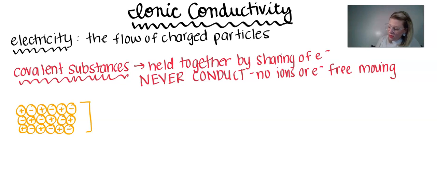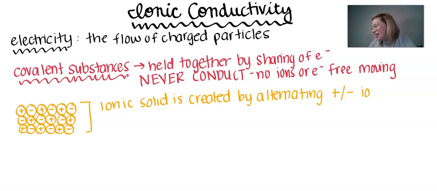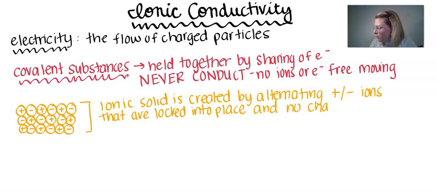So an ionic solid is created by alternating positive and negative ions that are locked into place, and no charged particles are free to move.